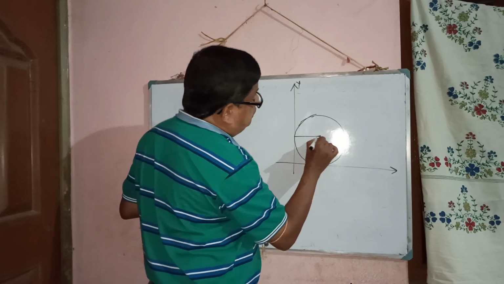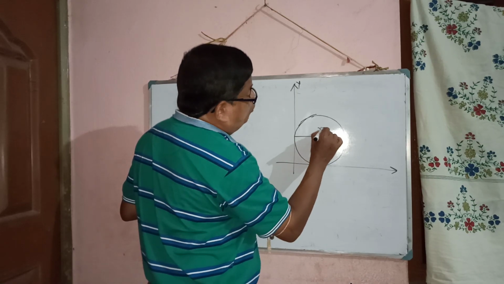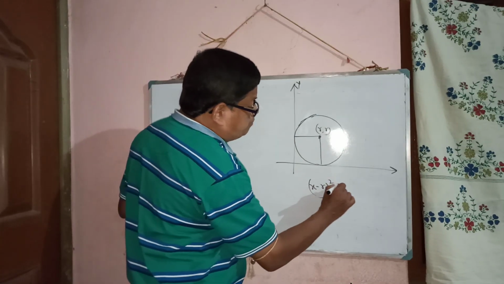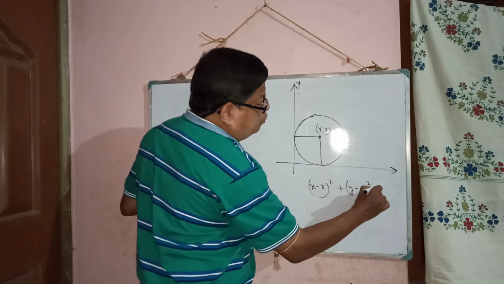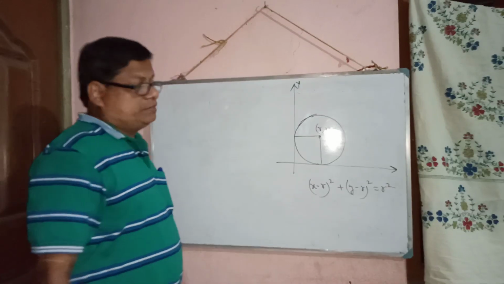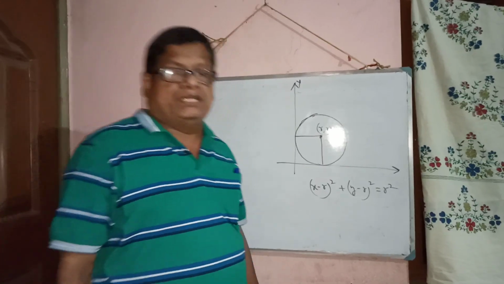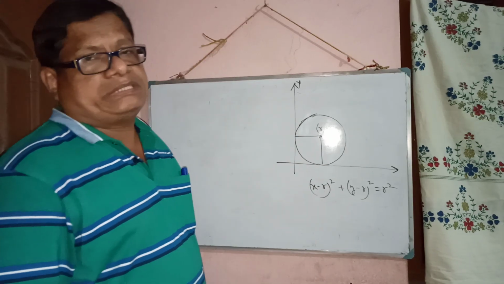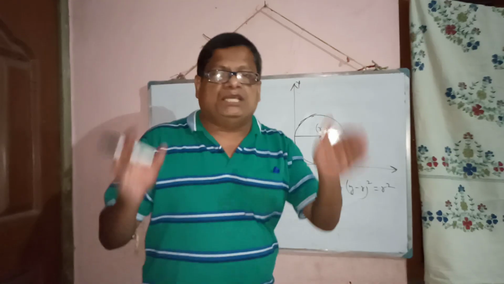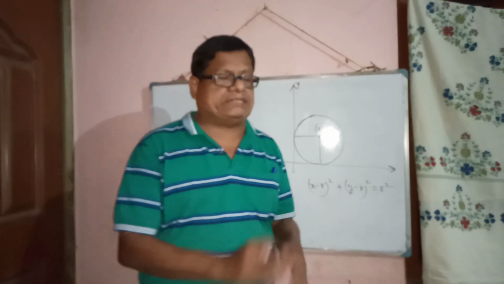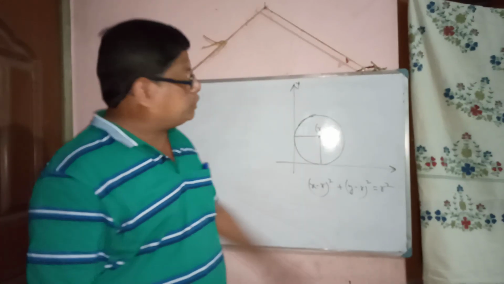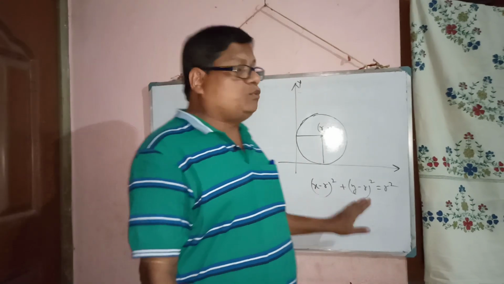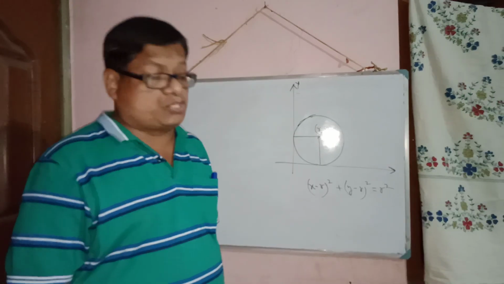This is also a radius, this is also a radius. The center will be r comma r. Then x minus r whole square plus y minus r whole square equal to r square. If the circle touches both the axes, then the equation will be x minus r whole square plus y minus r whole square equal to r square.